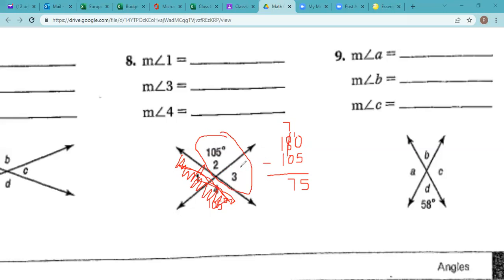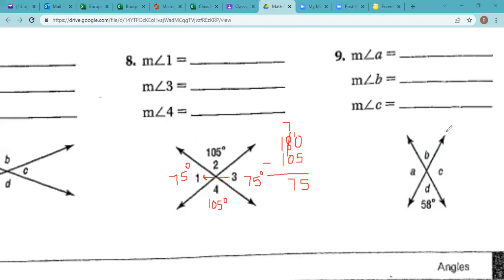So that means that angle 3 will be 75 degrees. And if angle 1 is the same exact size as angle 3 catty-cornered, that means that angle 1 will also be 75 degrees.